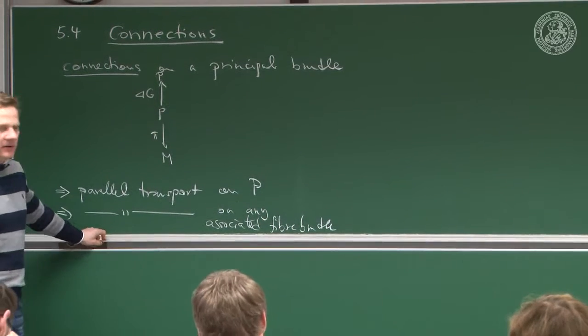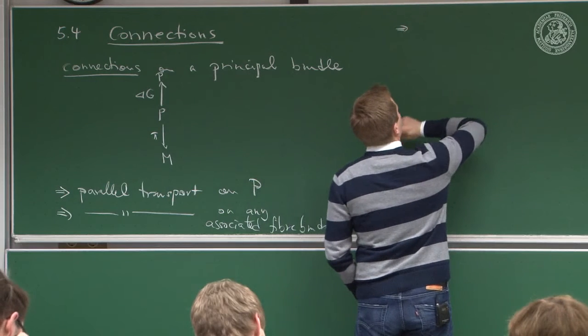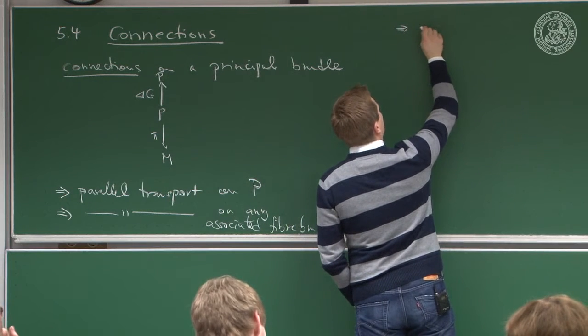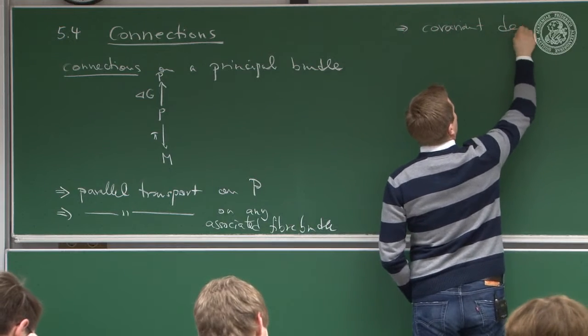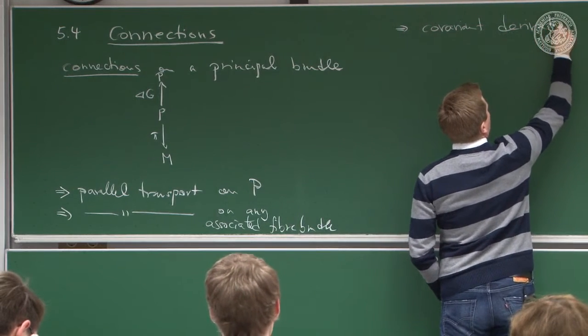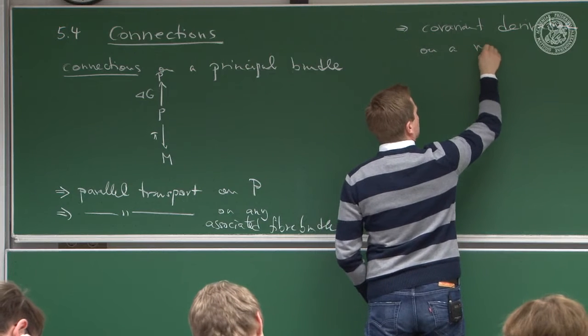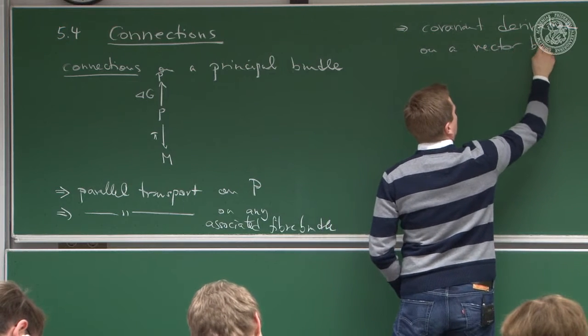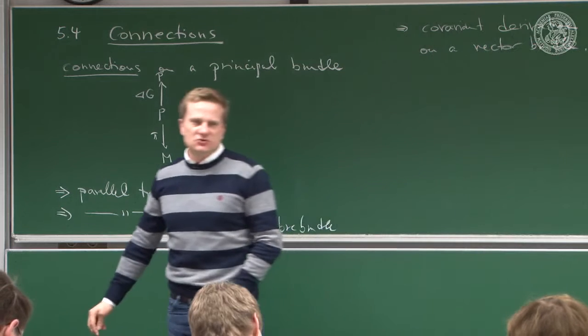And then there is a very special case: if the fiber bundle is actually a vector bundle, then it can be used to define a covariant derivative, where the fiber carries a vector space structure.